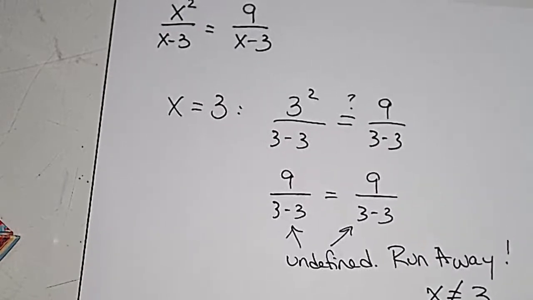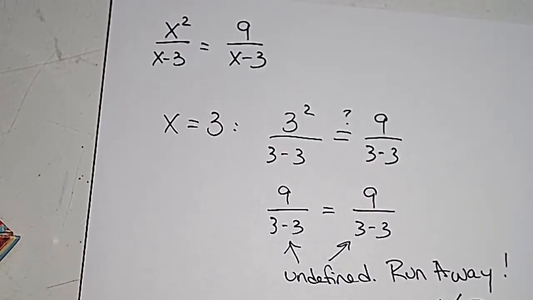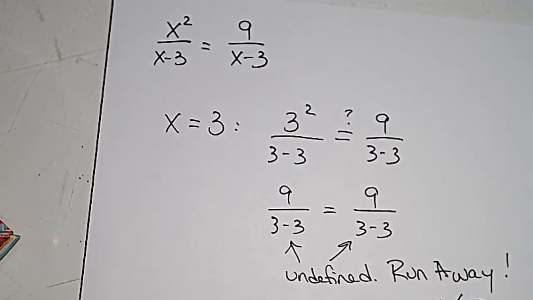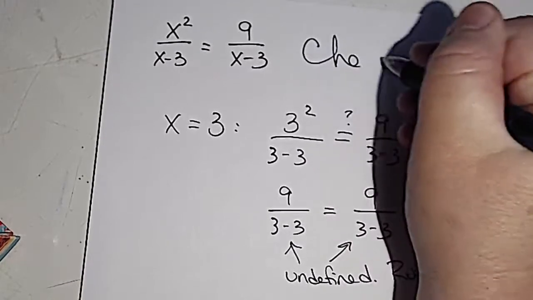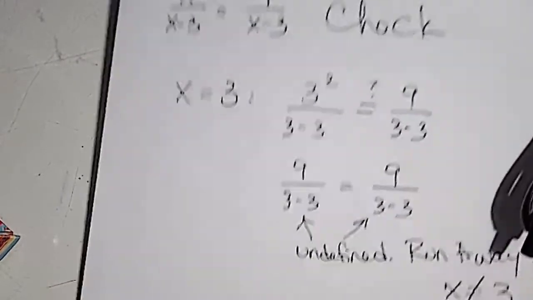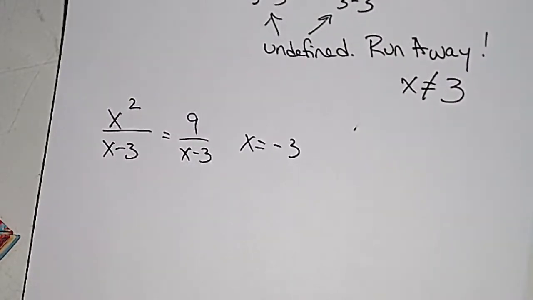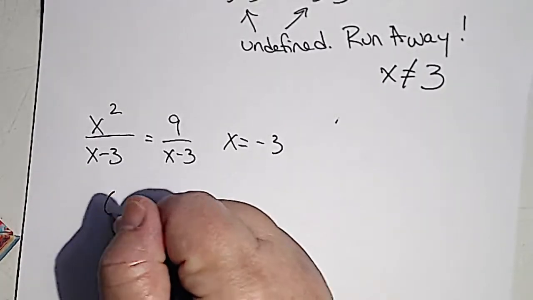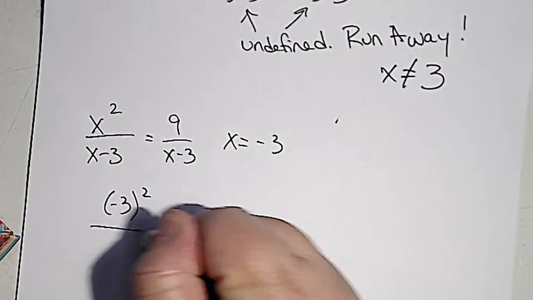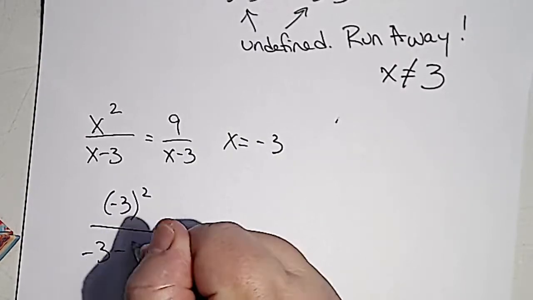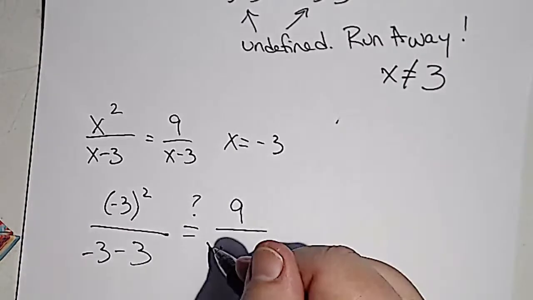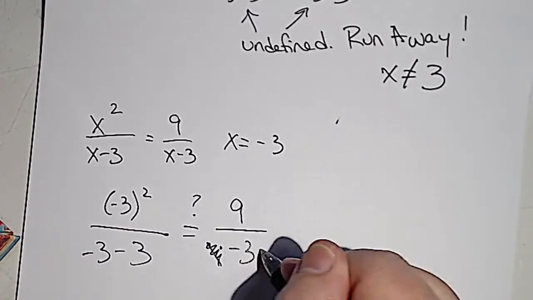Okay, so let's try the same thing. x squared over x minus 3 equals 9 over x minus 3. And let's try x equals -3. So this is the check. I'm going to take -3 and square it over -3 minus 3. Does that equal 9 over -3 minus 3?